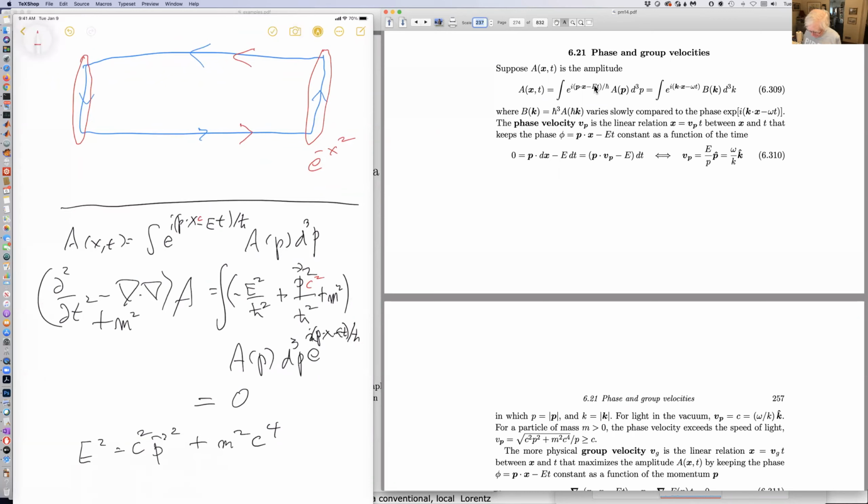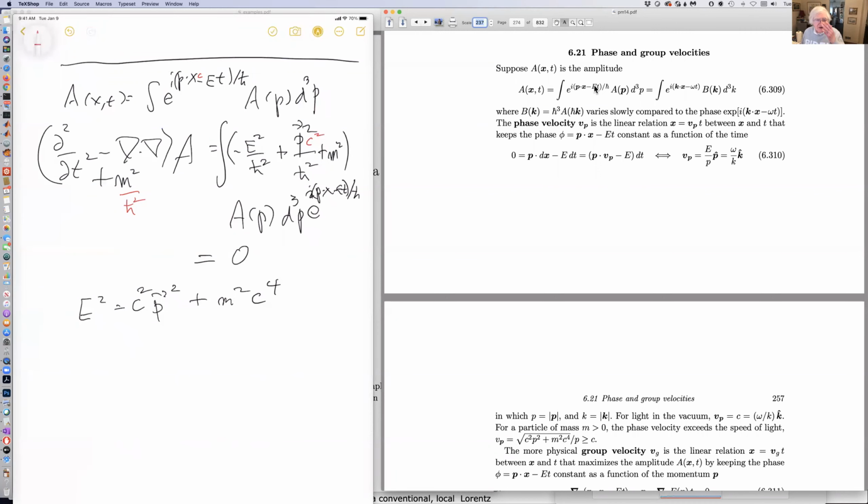And then what about m squared? Well, that m squared should be m squared over h bar squared. That may be it, and maybe it's just m squared over h bar squared. Anyhow, I don't think I should dwell on that any longer.